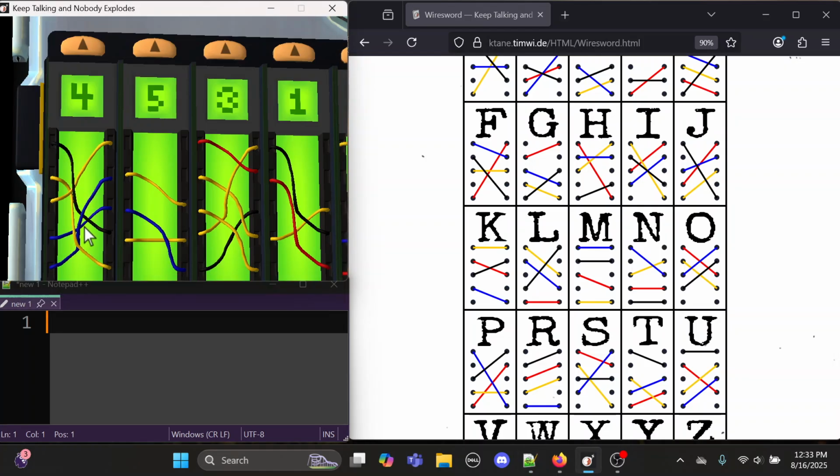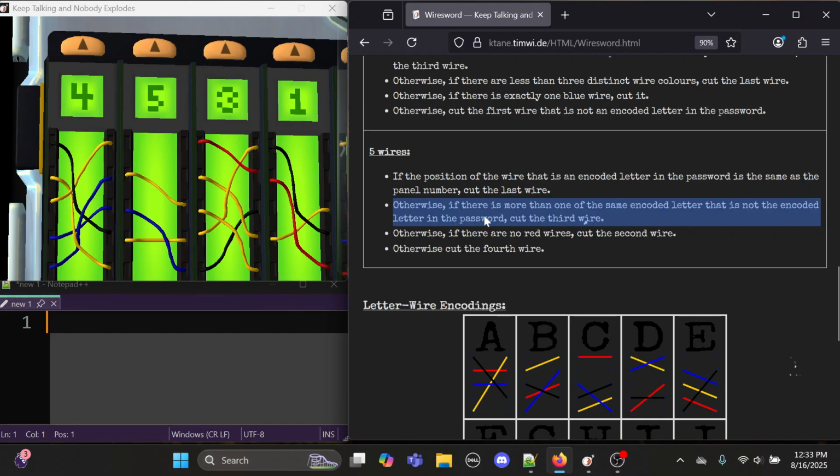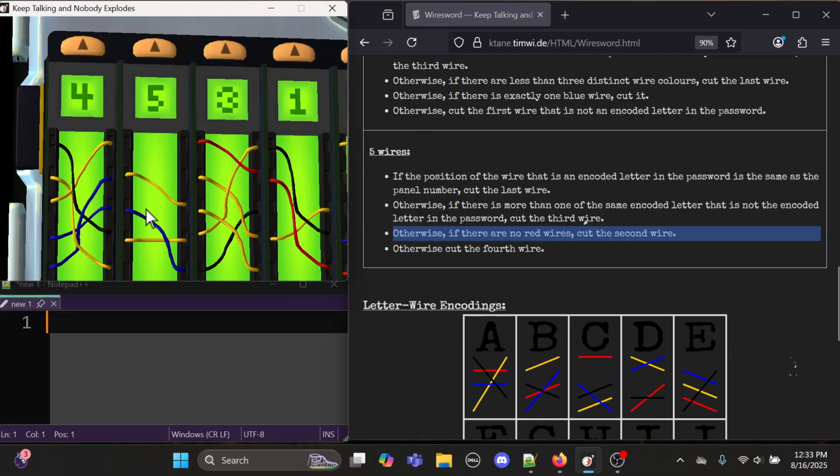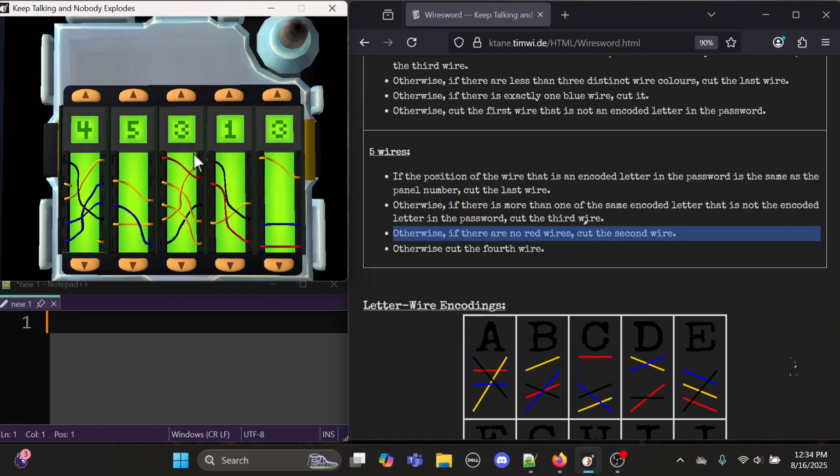They have to be different because they are 2 different blues. So therefore, this rule does not apply. If there are no red wires, which is true, we're going to cut the 2nd wire. So this is the 1st wire, and this yellow going down to the 5 is our 2nd wire. And just like that, that's good to go.